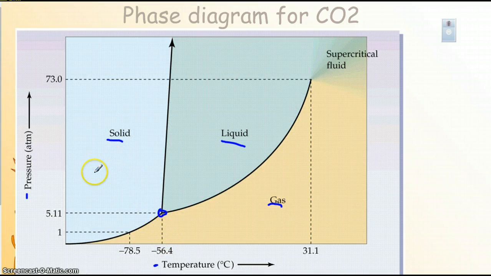This is just to emphasize that any matter could be a solid, a liquid, or a gas, depending on the pressure and the temperature. Solid carbon dioxide is dry ice.